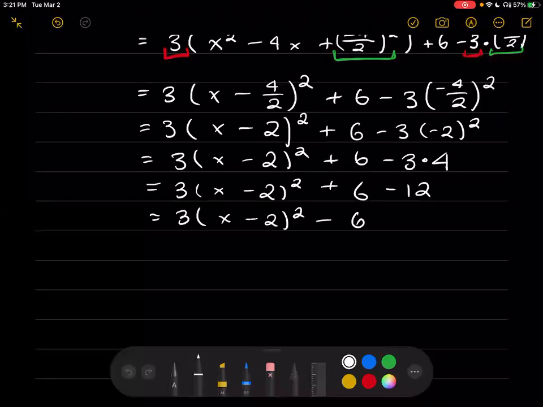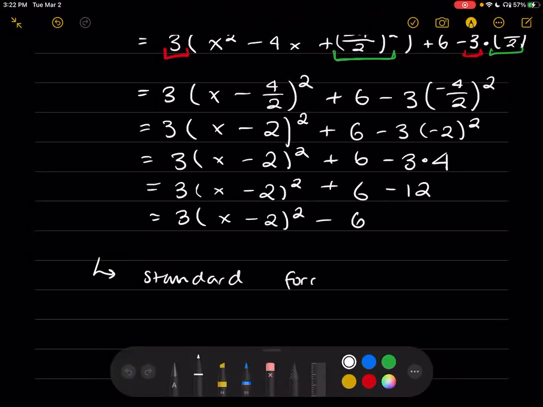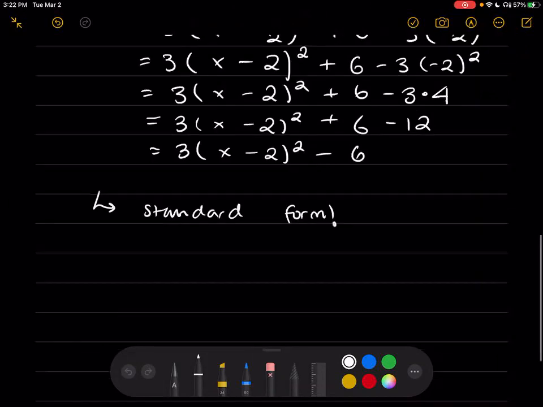And that is standard form. And then you can also check using a calculator or whatever you want. You can check that the vertex for this is indeed what we want, 2, negative 6.